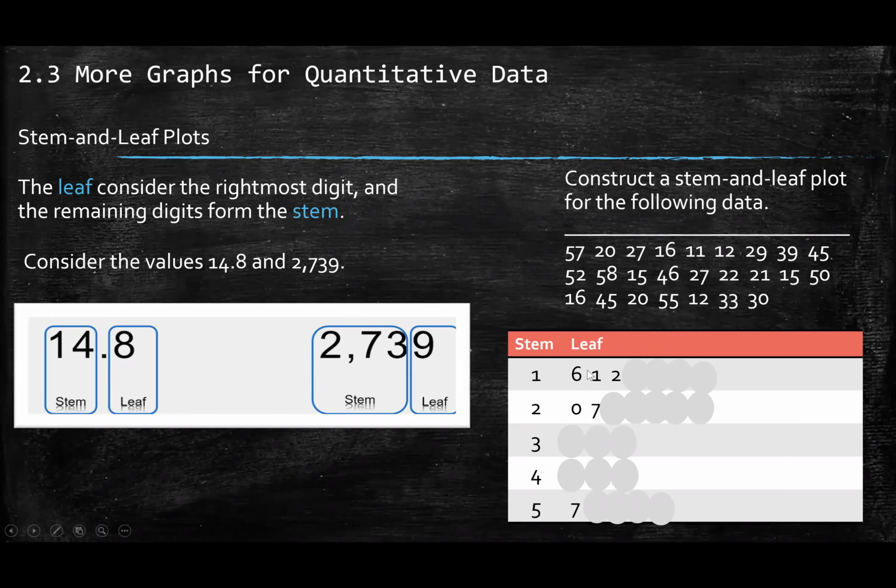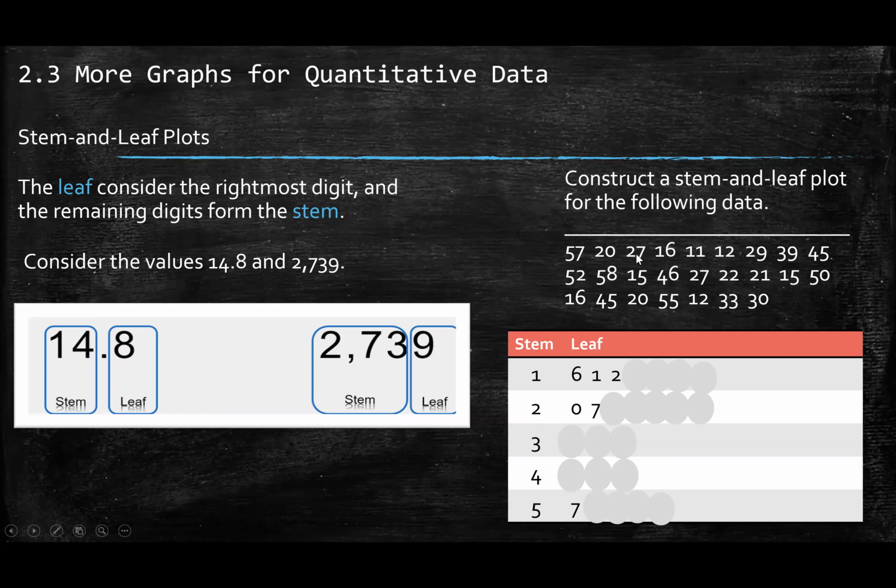So again, each of these numbers is one particular data point. You read it as 16, 11, 12, 20, 27, 57. Everybody see where the first 6 data points come from. I have 6 data points.